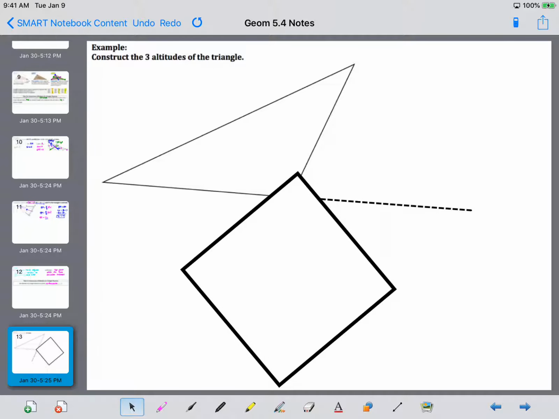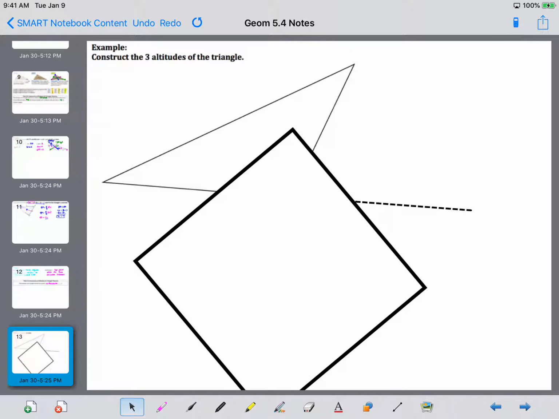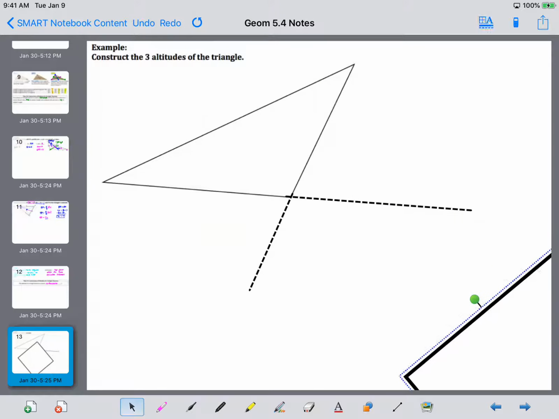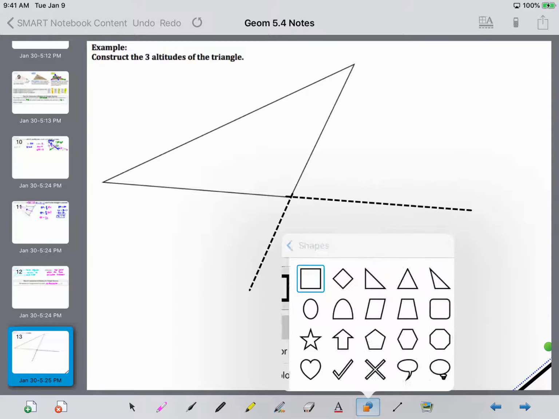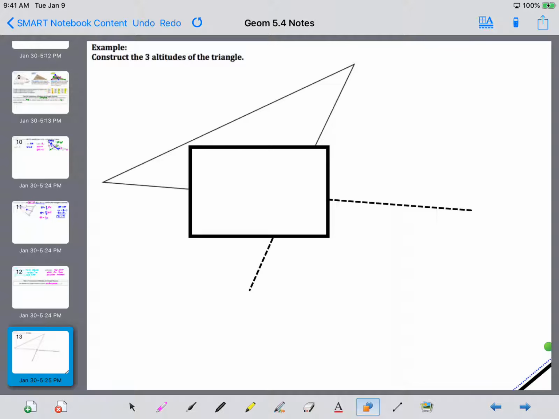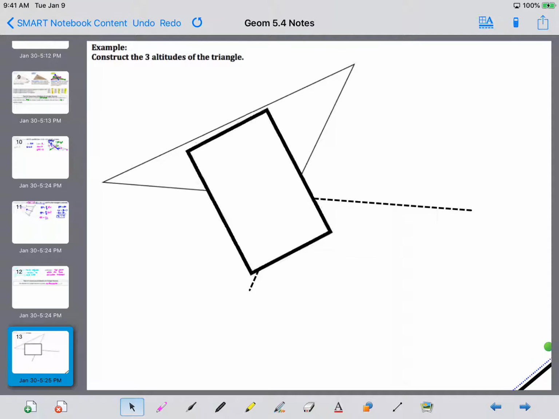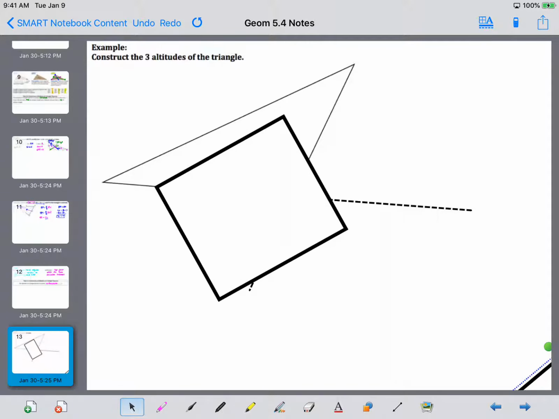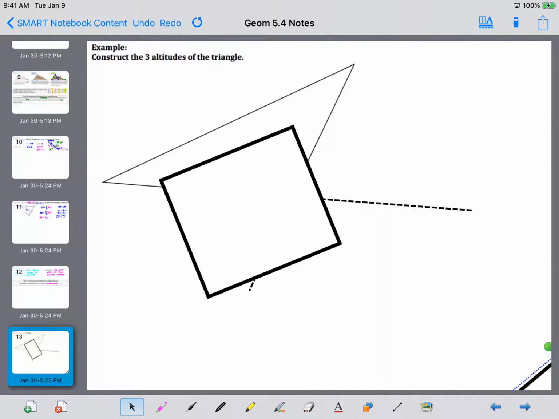Very strange. It was working the other day. All right, I'm gonna get rid of this bad boy and try that again. All right, so we have a rectangle, and then we're gonna spin it so it's flush with one of the sides. I don't know, just really wants to be a square.